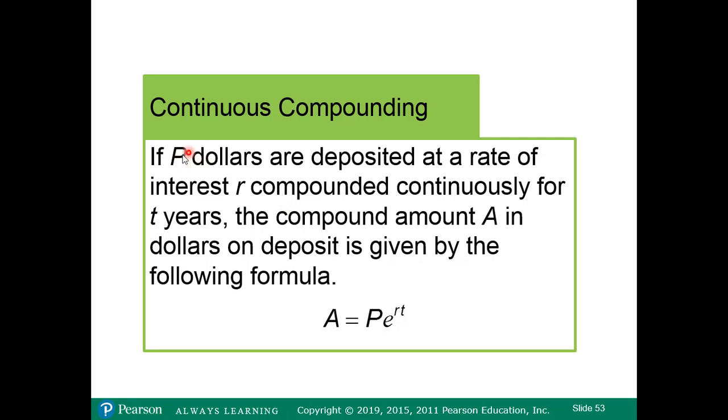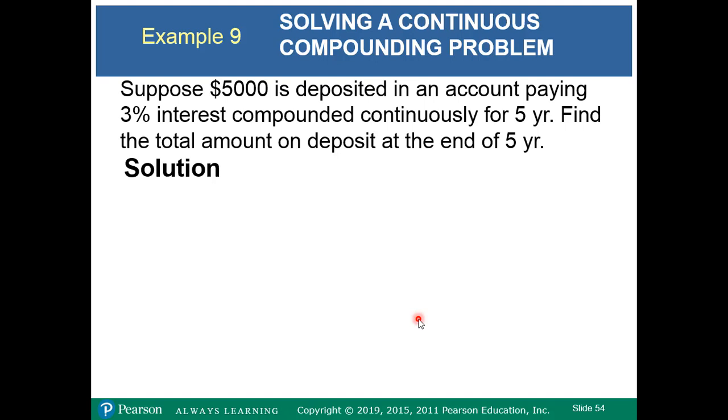So if we are dealing with continuous compounding, P dollars is deposited, so this is our principal, and r is the interest rate as a decimal compounded continuously for t years, then the future value that we will have is given by this formula, A equals P e to the rt power.